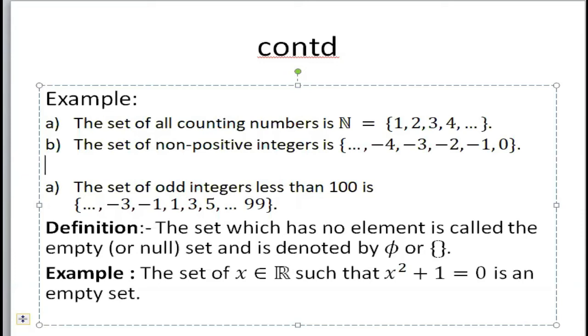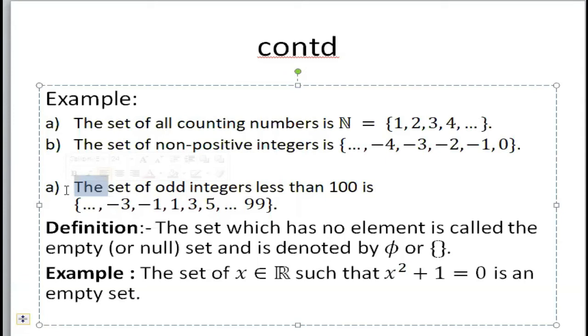The fourth example is, as you know, the set of odd integers less than 100. Yet again, this one is infinite. The largest odd integer less than 100 is 99. But since these are integers, we don't know which number is the smallest odd integer. So here we have 99, then 5, 3, 1, -1, -3, -5, then dots.